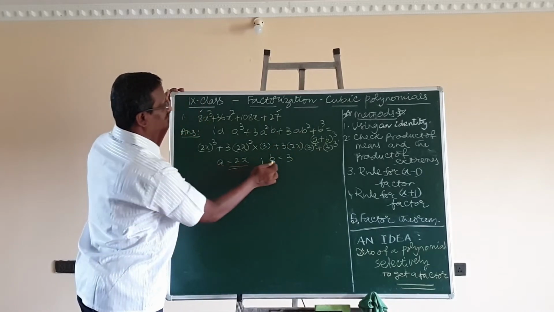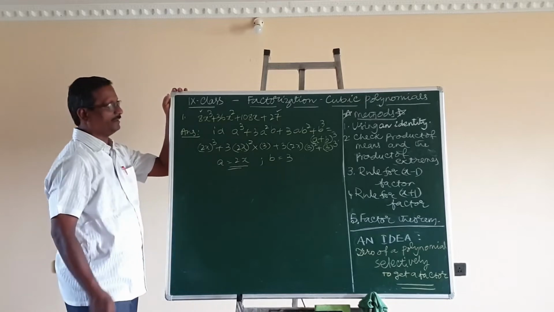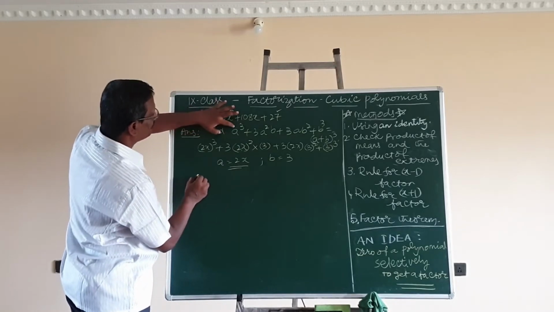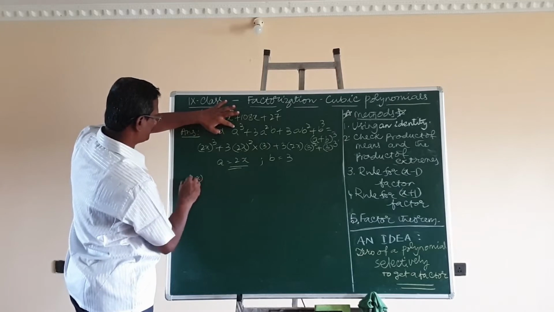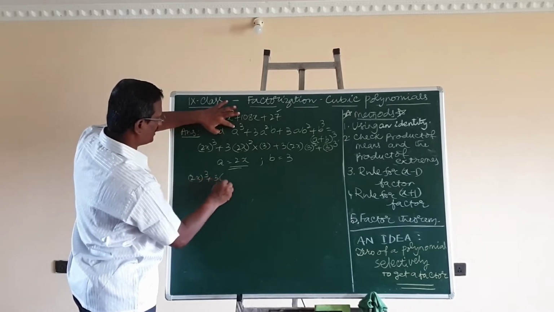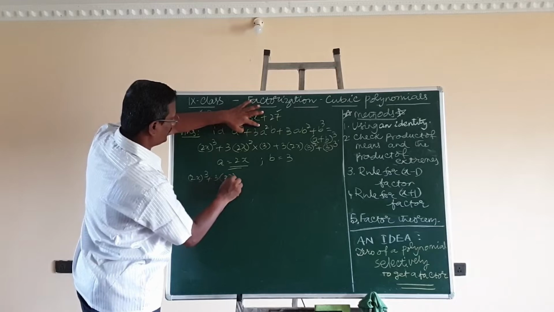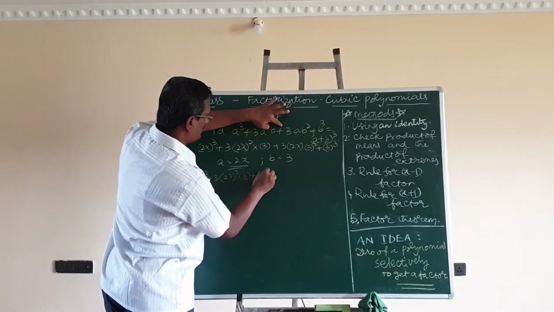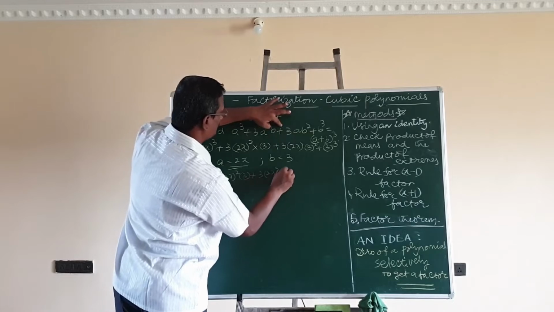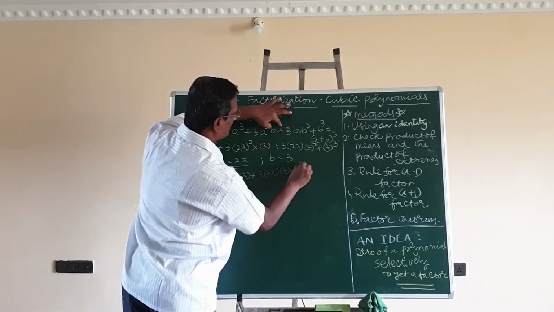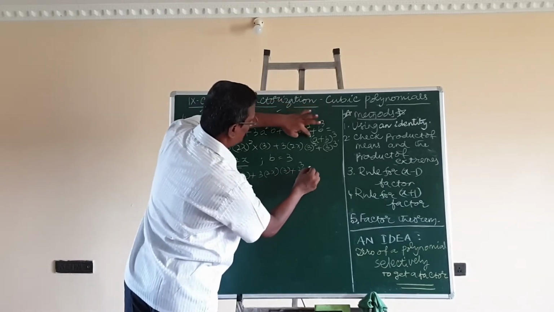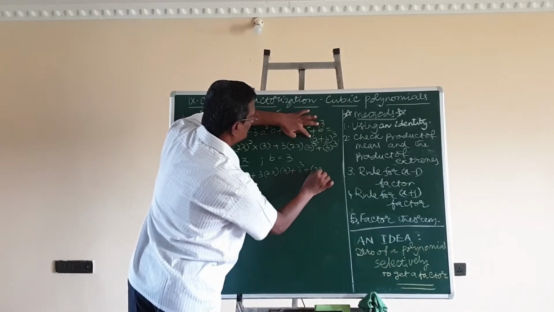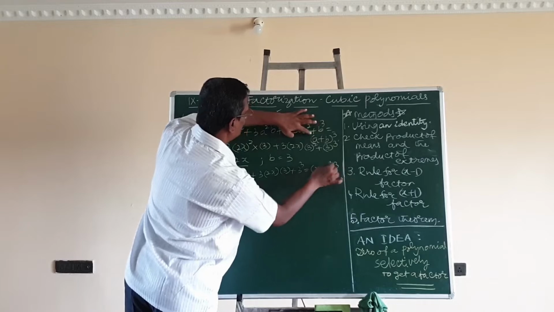On substituting a is equal to 2x and b is equal to 3, we get in the identity 2x whole cube plus 3 into 2x whole square into 3 plus 3 into 2x into 3 square plus 3 cube is equal to 2x plus 3 whole cube.